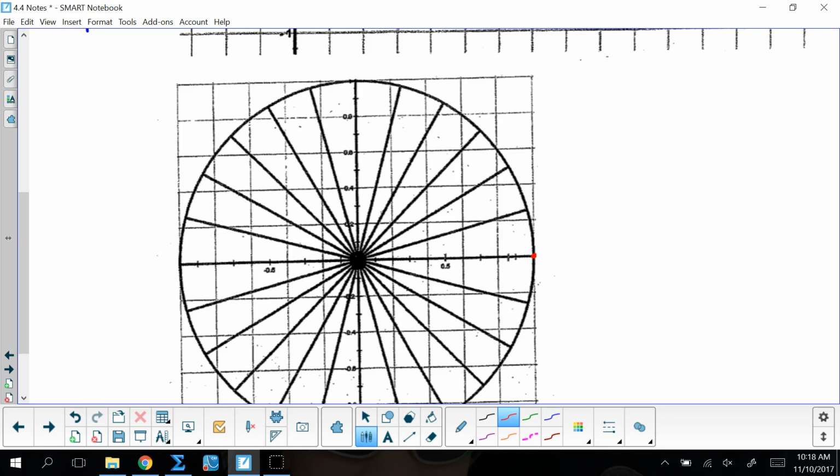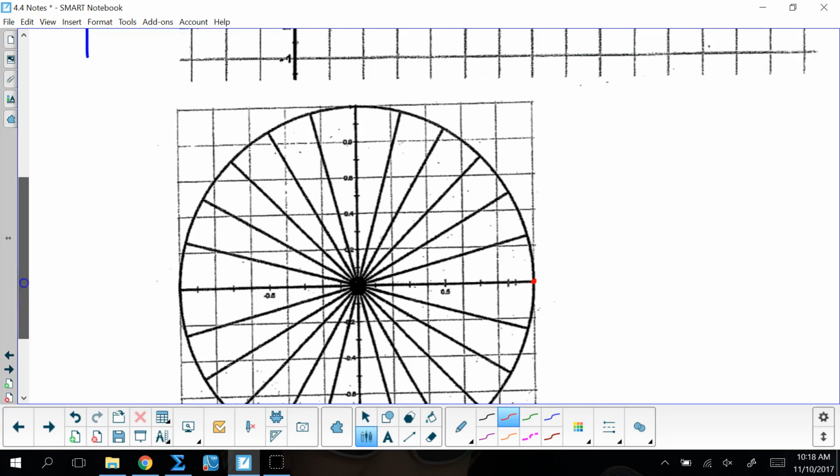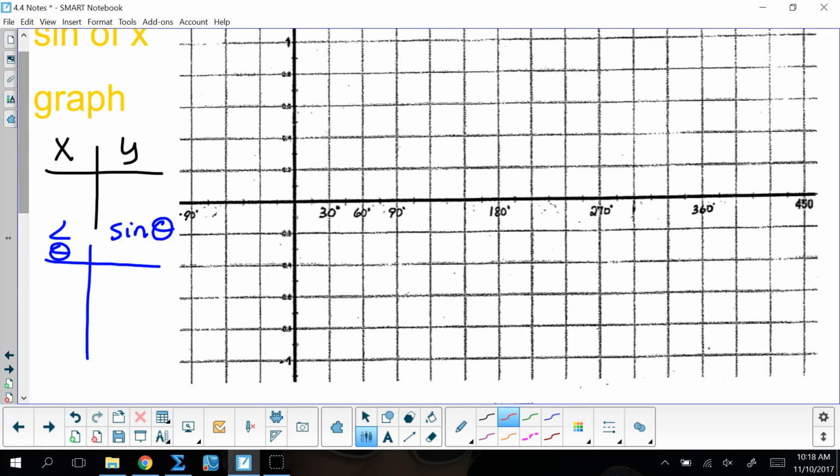Verticalness of 0 degrees is 0, because I'm right there. I'm not up at all. So 0 degrees is 0 in terms of height. So I would put 0 right there.